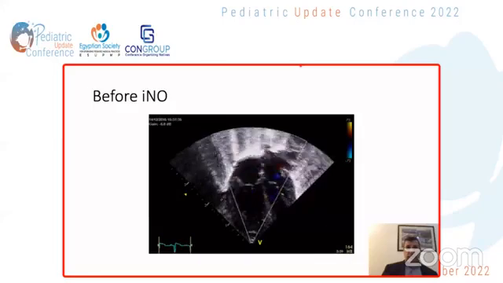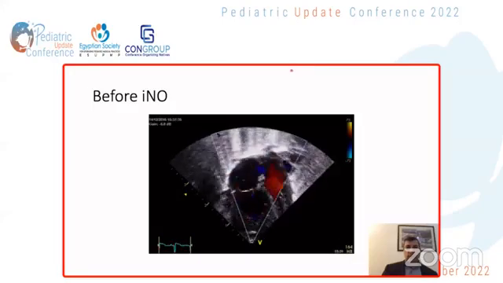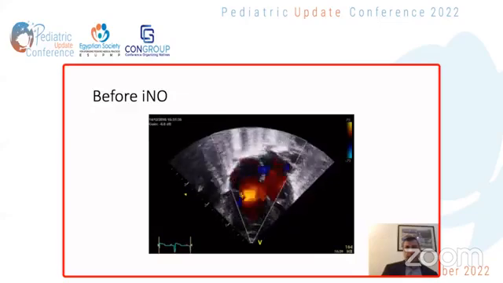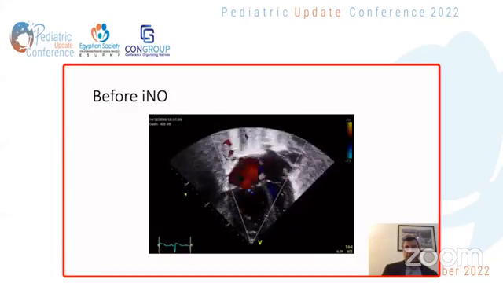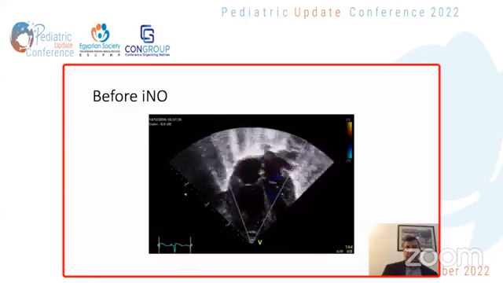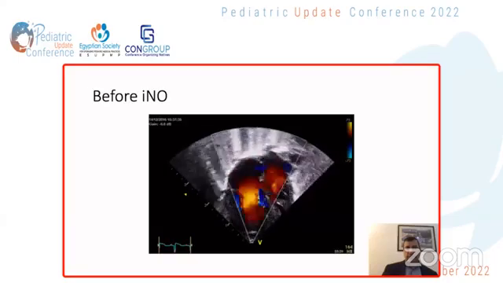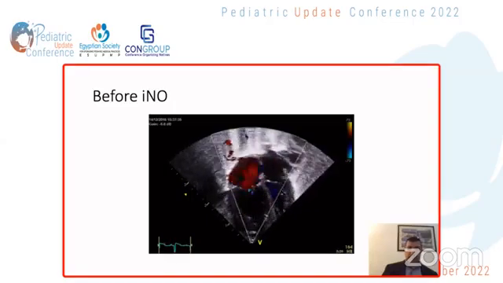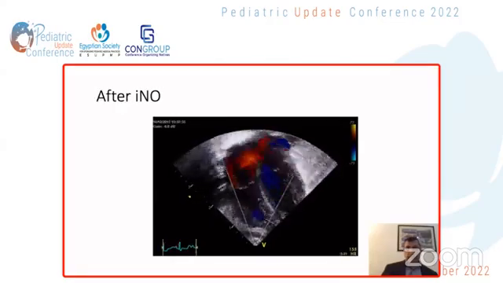Pulmonary hypertension, you need to confirm the diagnosis by echocardiography. And as you can see here in this four-chamber view, you have significant dilatation of the right side of the heart compared to the left side with the tricuspid regurgitation. And this is before use of inhaled nitric oxide or any pulmonary vasodilator that you have in your unit.